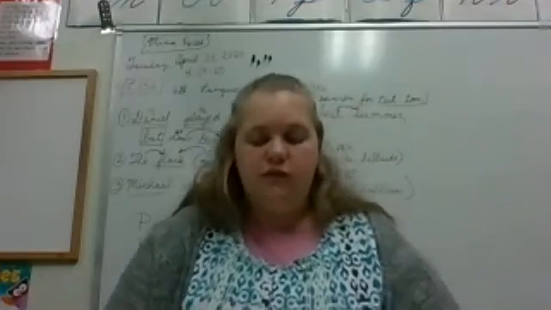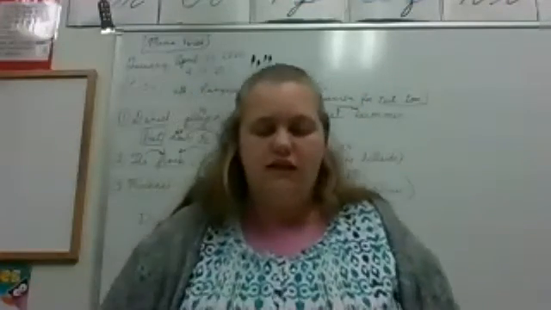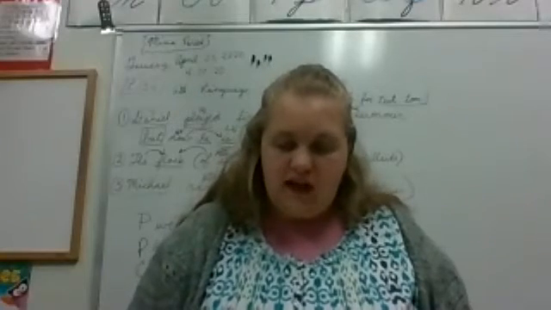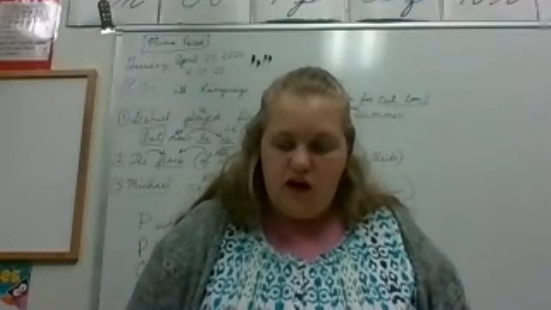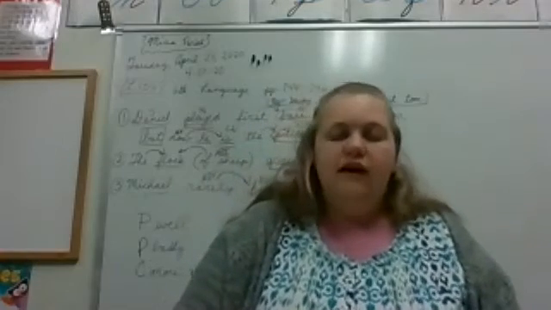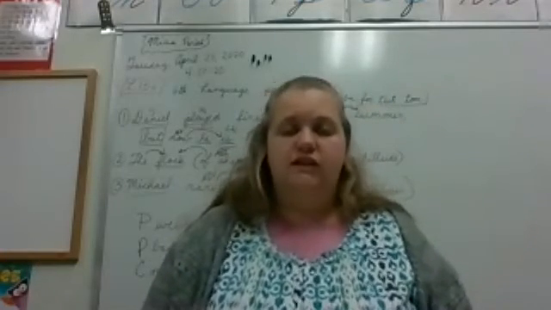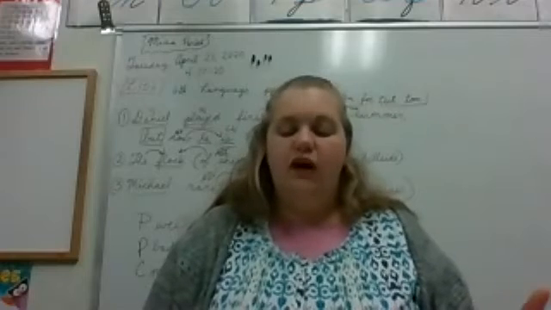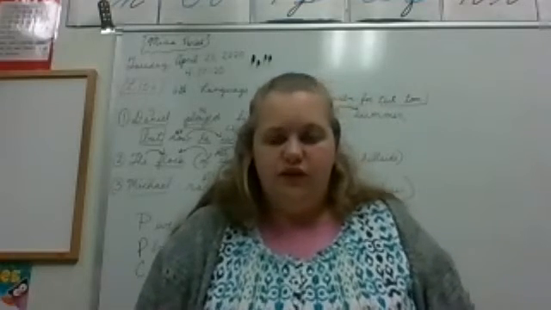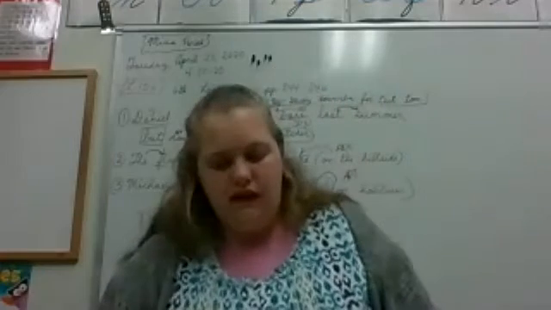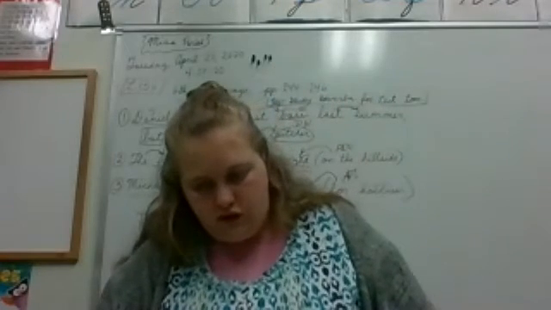Okay, so is would be the correct one. $75 is a lot to pay for a dress. All right, number 2, spaghetti and meatballs is or are my favorite Italian food. Okay, again, is spaghetti and meatballs one thing, or is it considered 2 dishes? It's considered one dish, right? So which one would we use? Is, okay? Is. So you'll do the rest of those.